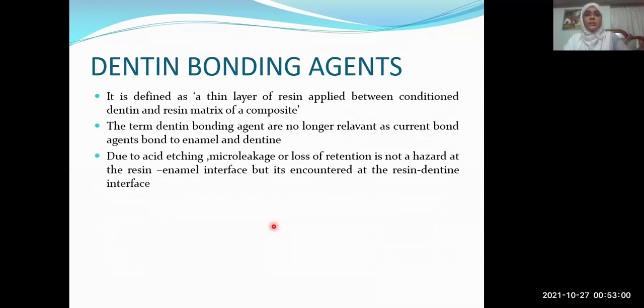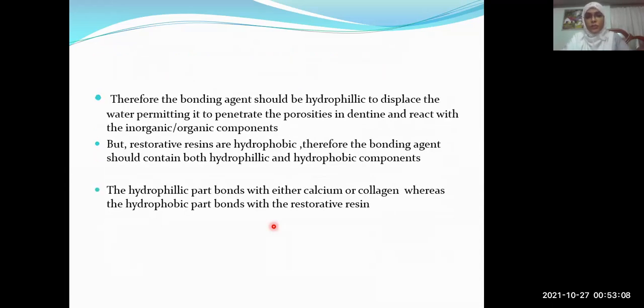All these were taken into consideration, but now we don't have the demarcation. It's just bonding agent. If it is bonding to dentin, we are happy that it is bonding to enamel also. Because a dentin bonding agent has to be hydrophilic to attach to the water content present in the dentin, and hydrophobic to attach itself to the composite added to the tooth surface.